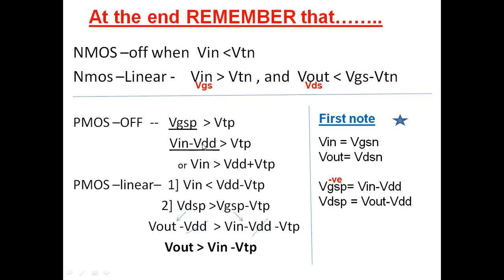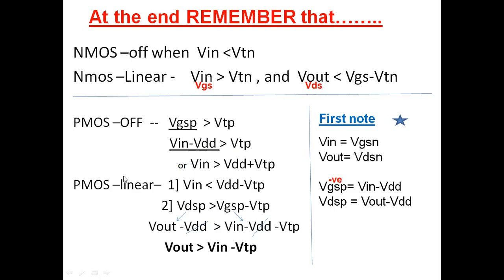So VGSP greater than VTP, written in terms of Vin, becomes Vin greater than VDD plus VTP. If Vin is greater than VDD plus VTP, then my PMOS will be in the off region.